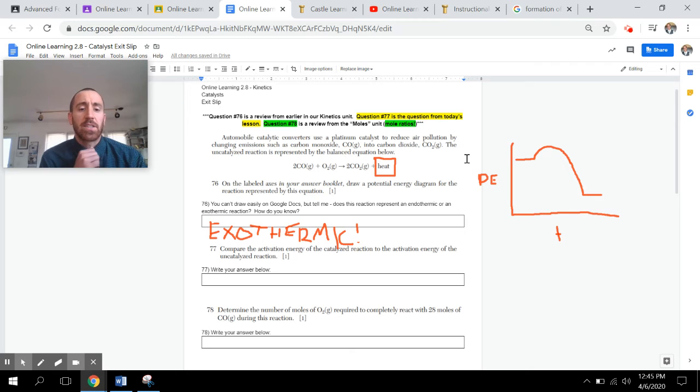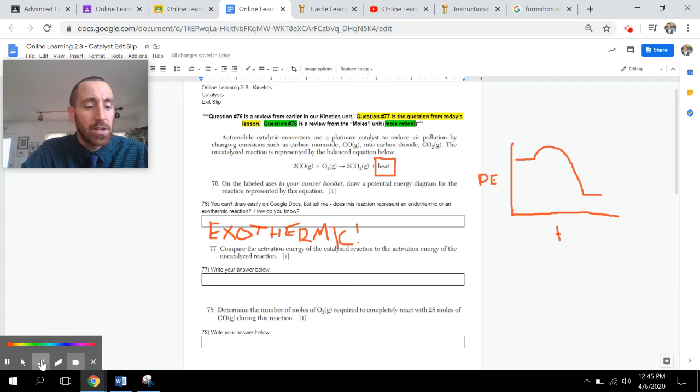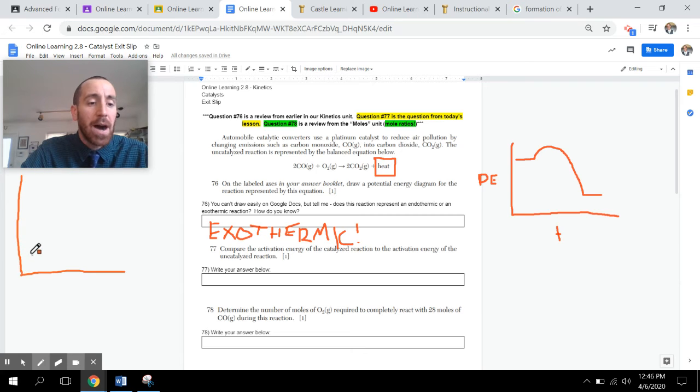All right, and number 77, compare the activation energy of the catalyzed reaction to the activation energy of the uncatalyzed reaction. Just got to know your definition of catalysts. Okay, they increase the rate of reaction by lowering the activation energy. So let's say there's my uncatalyzed reaction without a catalyst.